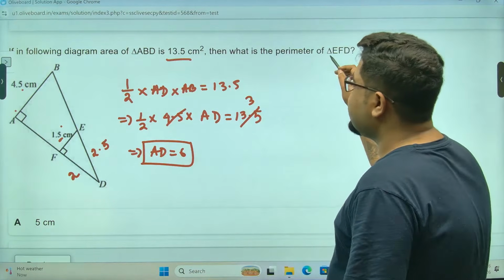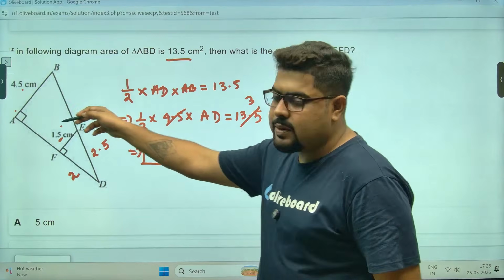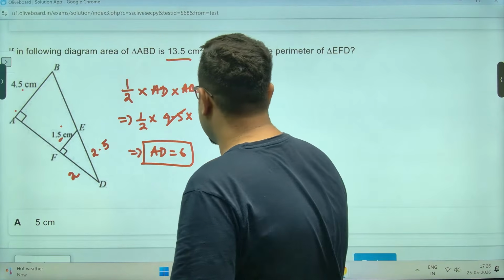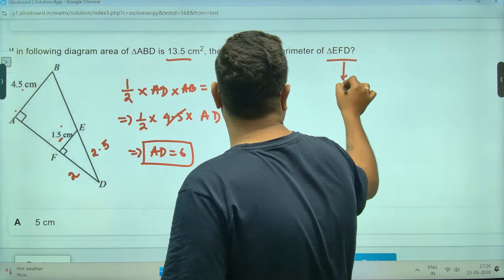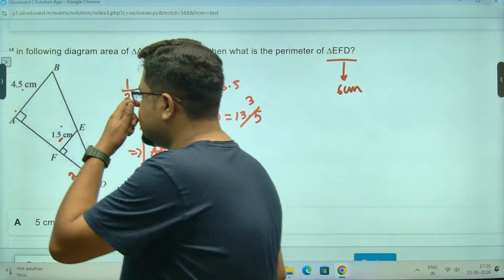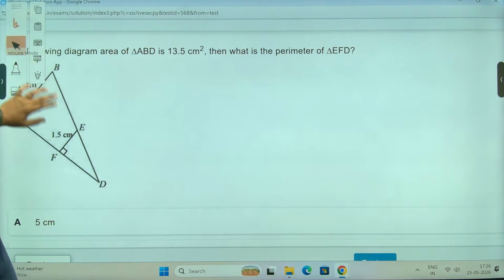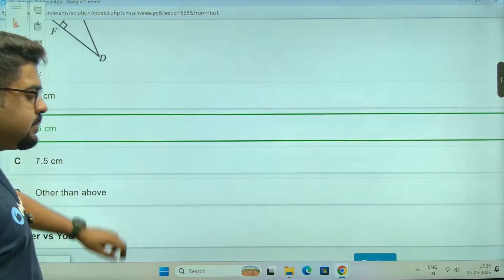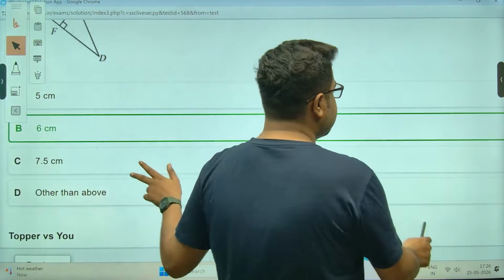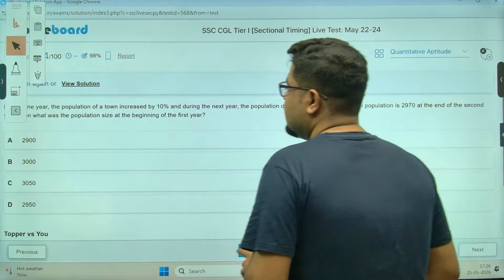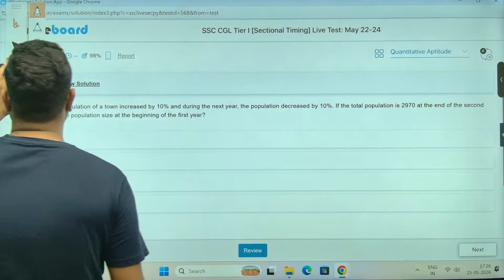They're asking perimeter, just add them. 2.5 and 1.5 is 4, plus 2, 6. 6 will be the answer, sir. I cannot see the options, but again, a very, very simple question actually. Let's see, 6 is there. Yes, sir, option B, 6 is there as the answer. Next one, please, sir.